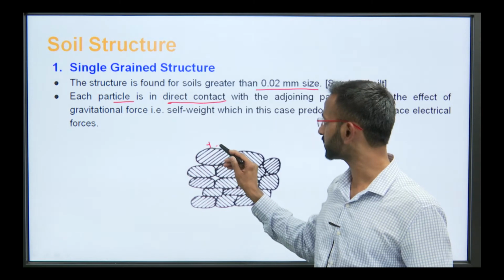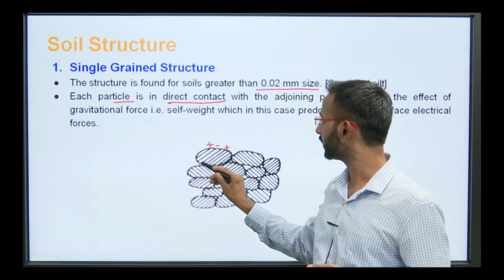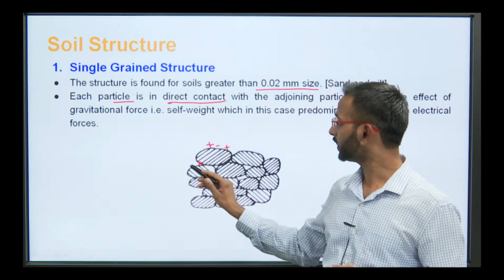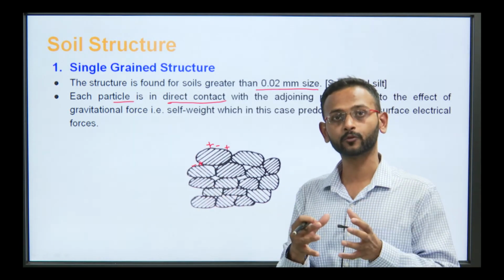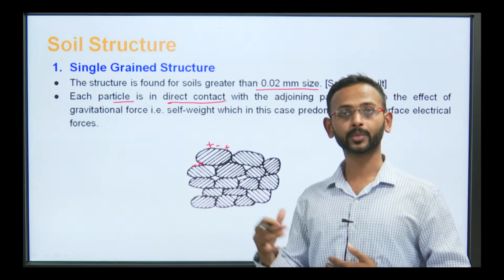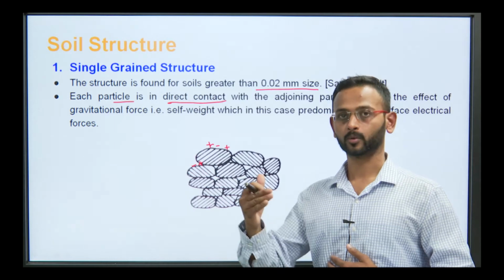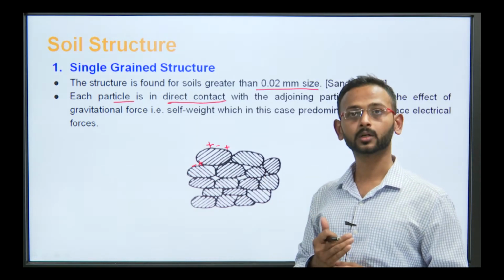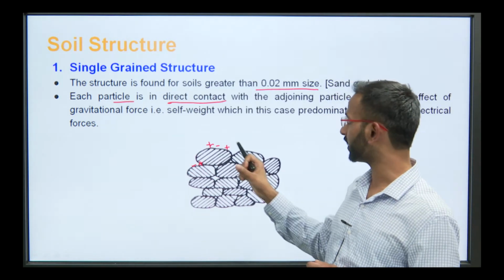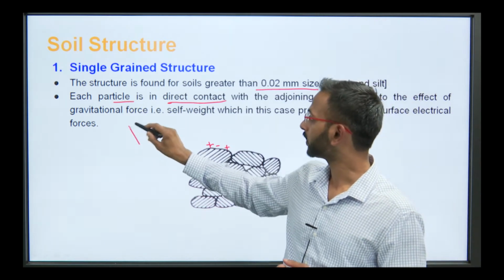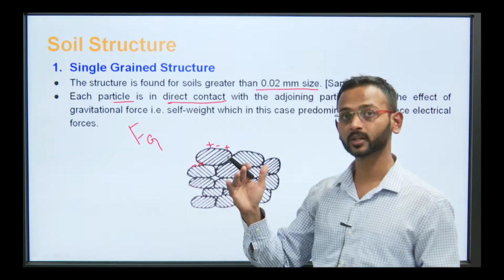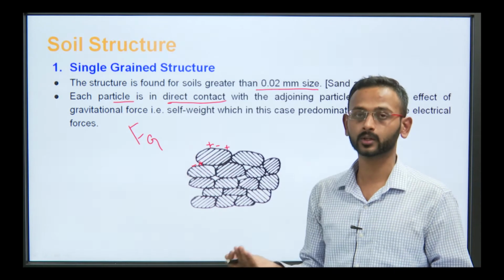Of course, there will be surface electrical charges also. There may be some charges here, or here and then here also. But the gravitational force, due to the large size of the particles, will be predominating, more as compared to the surface electrical forces. So we will be considering the gravitational force and not the surface electrical charges, though they may be acting.